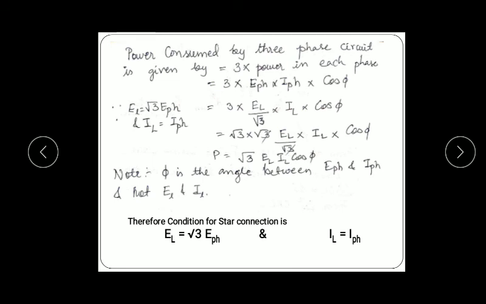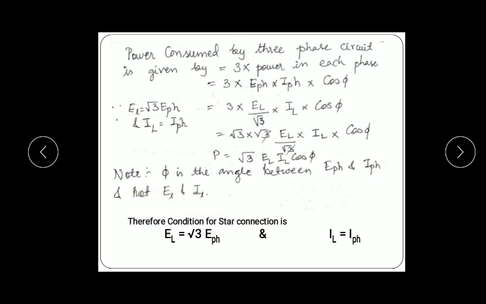So in order to write this, root 3 converted as root 3 to root 3, EL by root 3 into IL cos phi, root 3 get cancelled, and you will get the final answer as P is equal to root 3 EL IL cos phi. So power consumed by three-phase circuit is root 3 EL IL cos phi. Note, phi is the angle between E phase and I phase, not EL and IL.